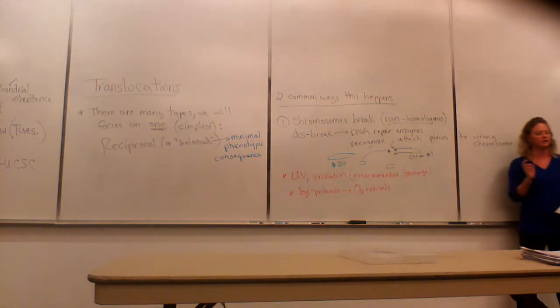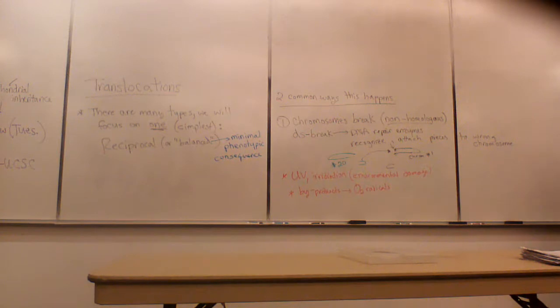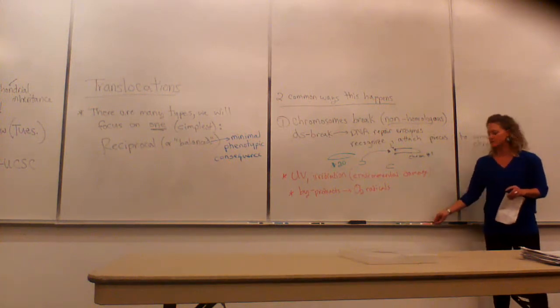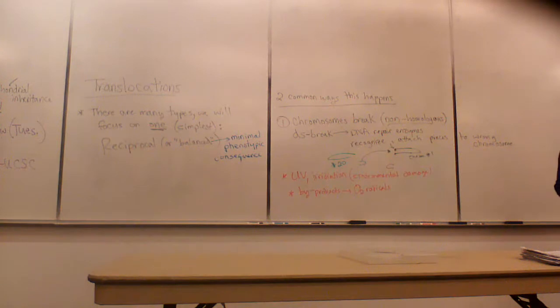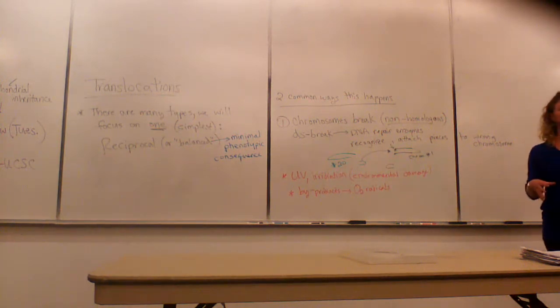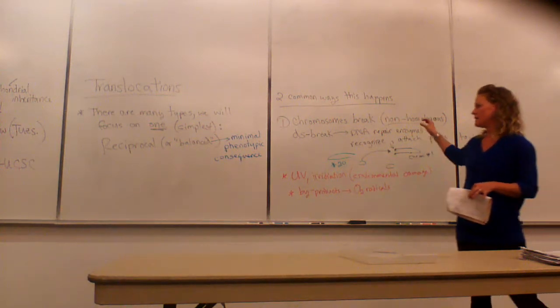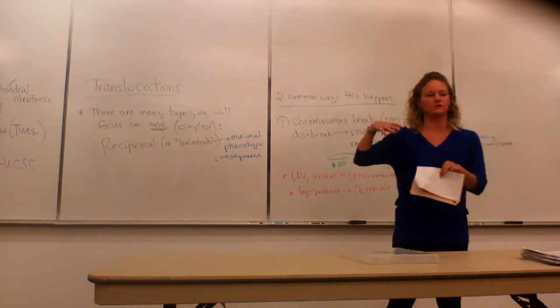And reactive oxygen species, they tend to make double-stranded breaks in the DNA too. There's tons of others, chemical ways, but these are some of the most common that we see. So your chromosomes do break down over time, this does happen. And there's repair mechanisms in place to fix it, which is great, but occasionally they fix it incorrectly.